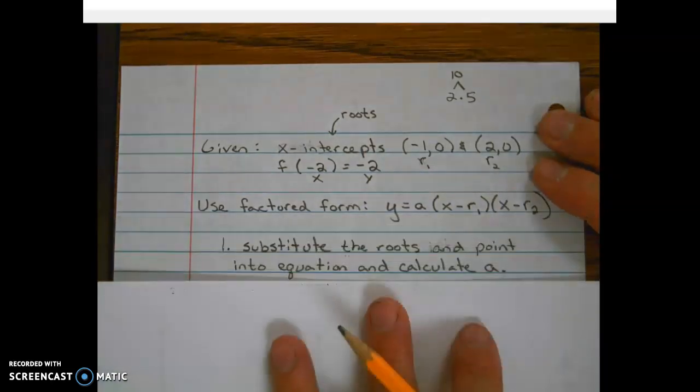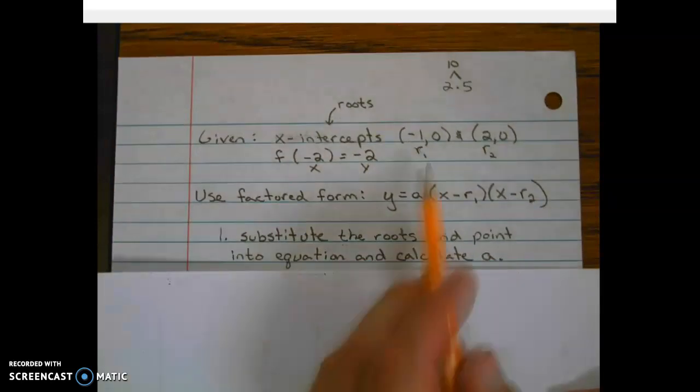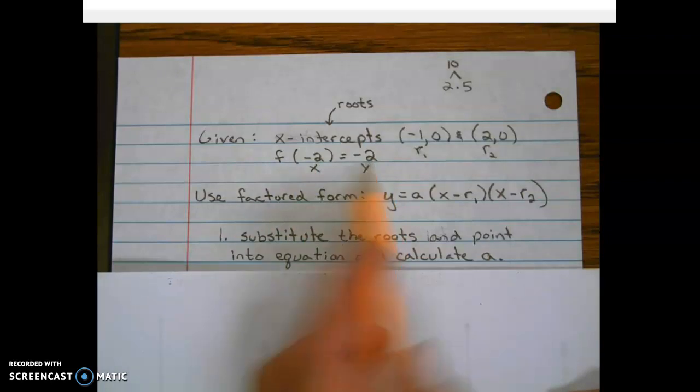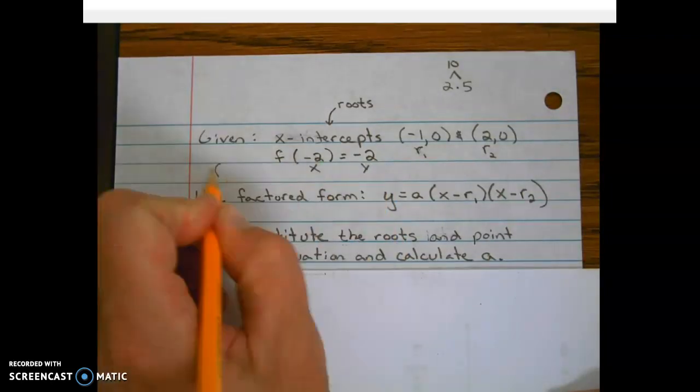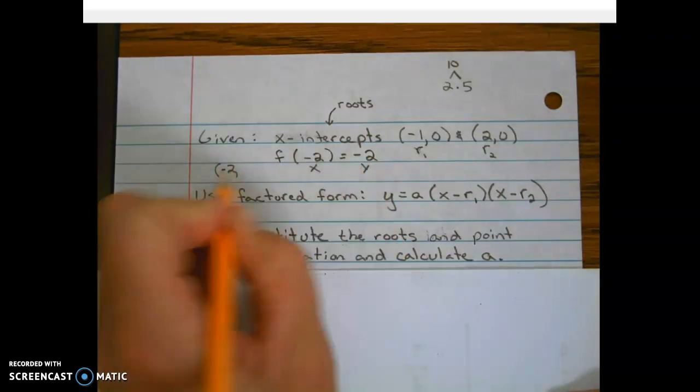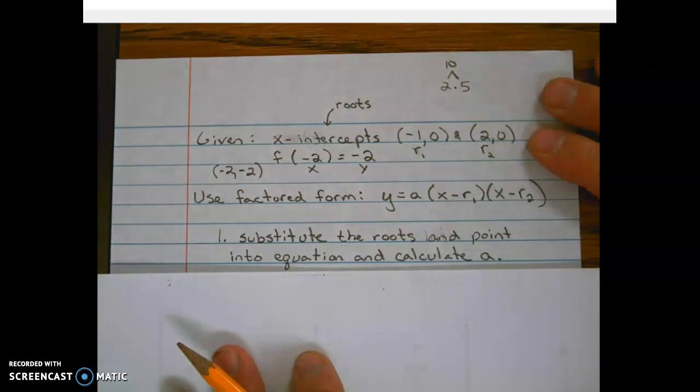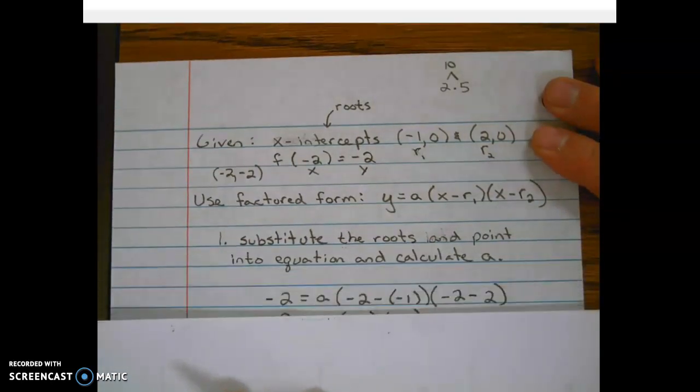Okay, so step 1, we're going to substitute the roots and the point. In this case, the point is -2, -2. We're going to substitute those into the equation and calculate a, similar to what we did on the last problem.